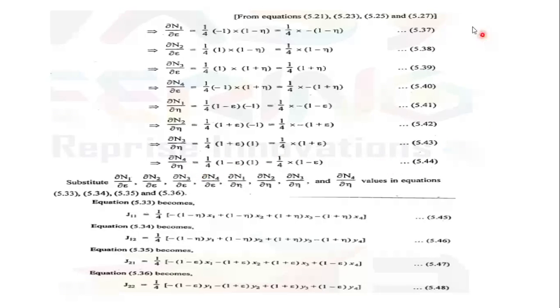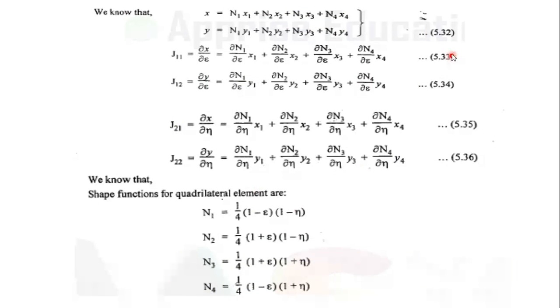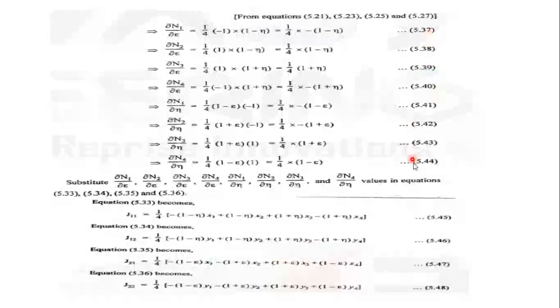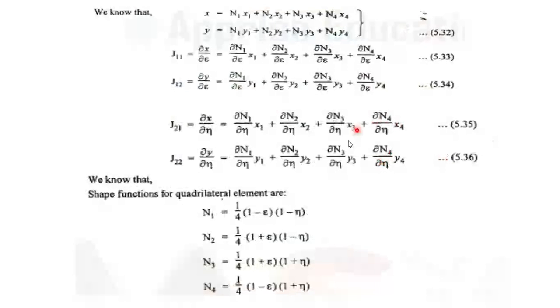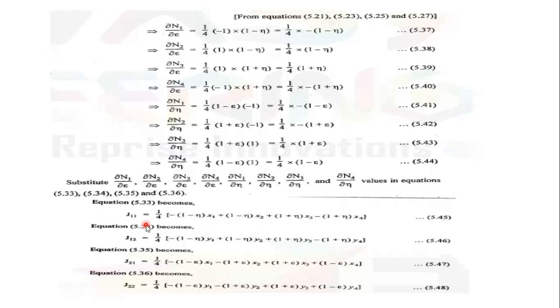Once we find the values in 5.37 to 5.44, I substitute them into equations 5.33 to 5.36. Now I obtain the values for J11, J12, J21, J22.